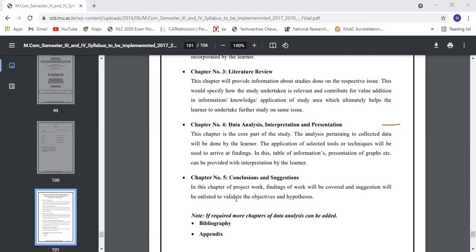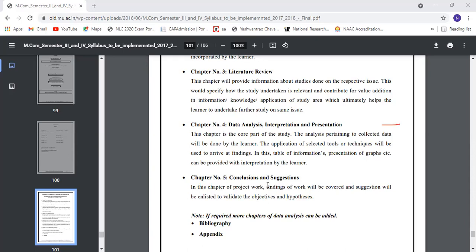Then, students, chapter number 4: data analysis, interpretation and presentation. In this case, you have to collect the data. First, data collected from a secondary source. The second, we expect from you, is a primary source. Not many responses, but 20 to 25 responses is okay, and collecting them from a Google form is also okay.